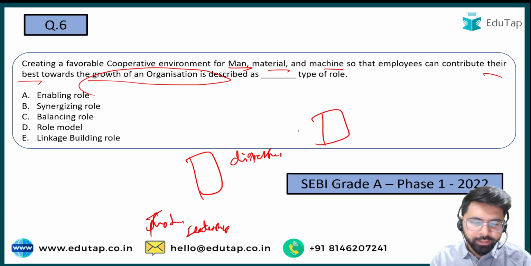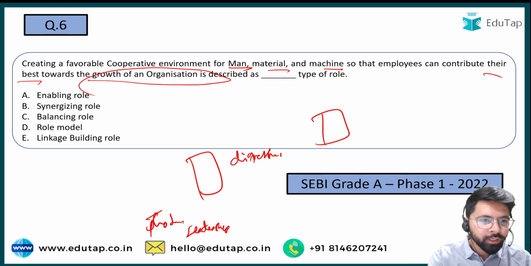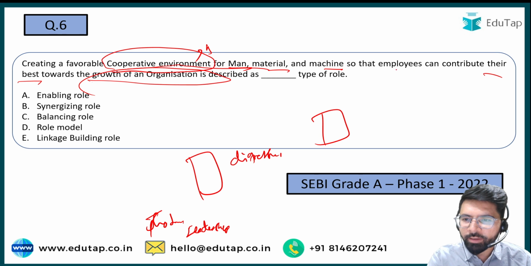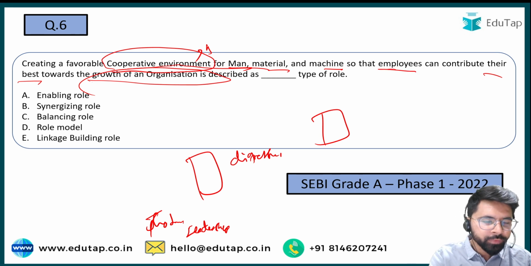So friends, you need to think on your feet in the examination and try to come up with an answer. Creating a favorable cooperative environment, this is the keyword, cooperative environment for man, material, machine, so that employees can contribute their best towards the synergy.